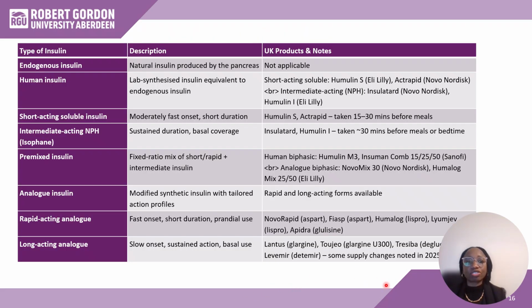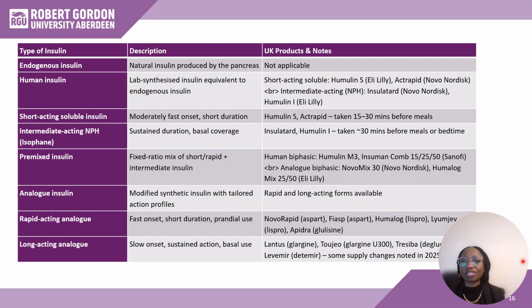So this is what I just spoke about earlier, but I thought I'd have it in a table, a comparative table that represents a more detailed breakdown of the insulin types. It includes the endogenous insulin, which really is not a product, so that's what's already produced by the pancreas. Then we have the human preparations, the analogs, and the UK licensed products.